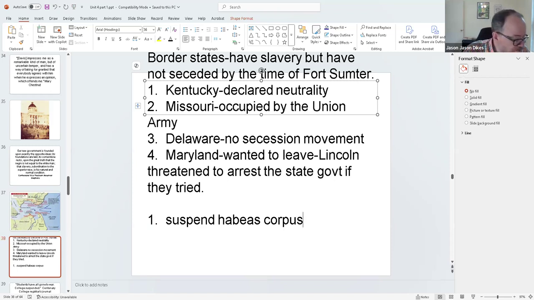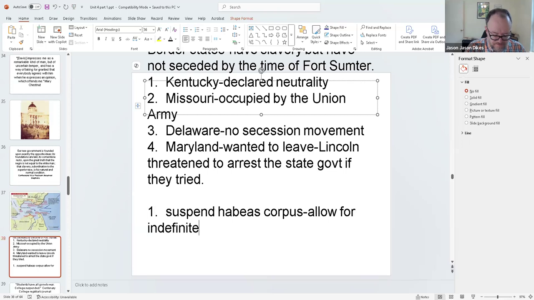Lincoln suspended habeas corpus, which again would allow for indefinite detention. Remember, habeas corpus, if you are arrested, the government has to provide reasons why you were arrested. They cannot simply hold you indefinitely. Suspending habeas corpus allows for that.